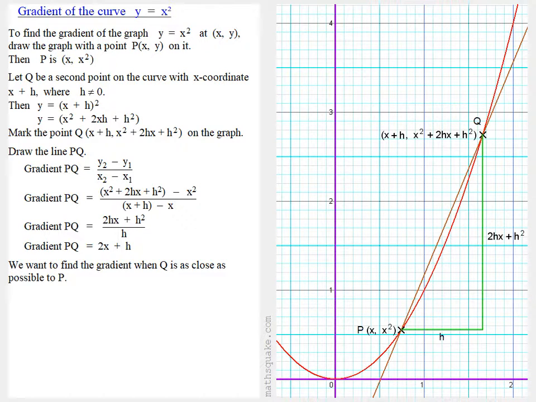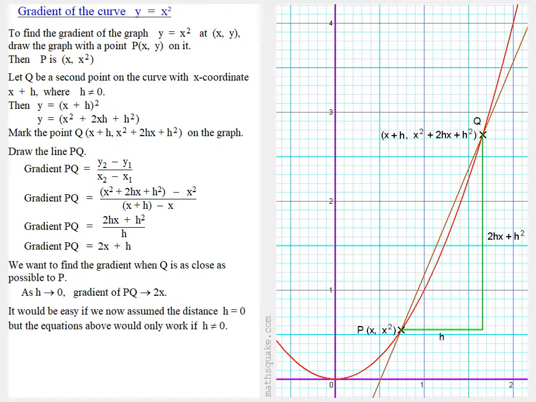Now we want to find the gradient of PQ when Q gets as close as possible to P. As h gets smaller and smaller, then the gradient of PQ gets closer and closer to 2x. It'd be easy if we could assume that h was equal to 0, but the equation above only works if h is not equal to 0. We assumed that back at the beginning.